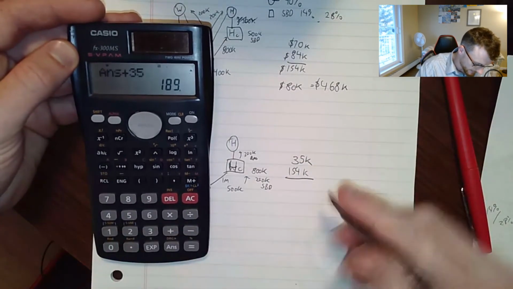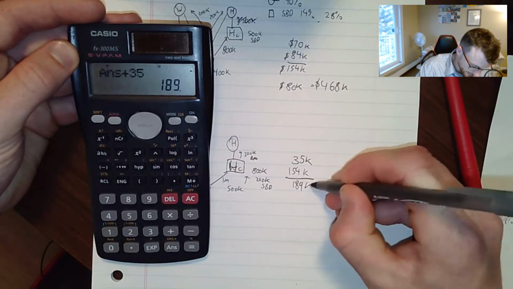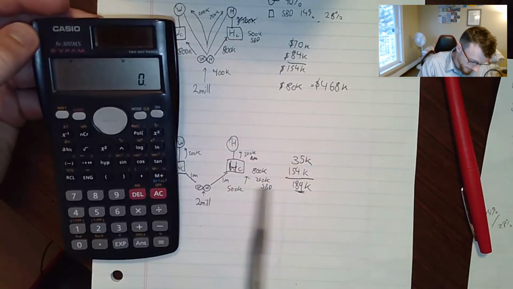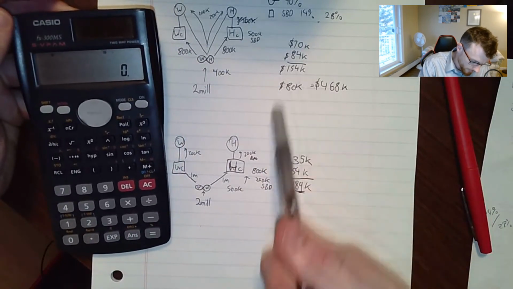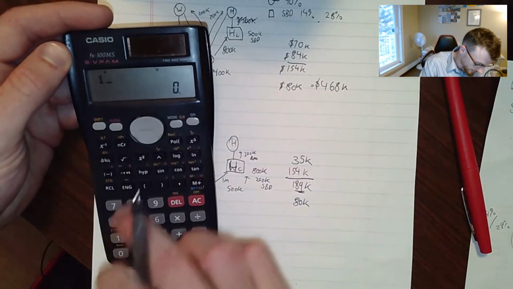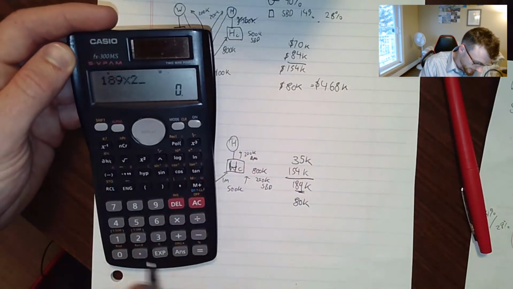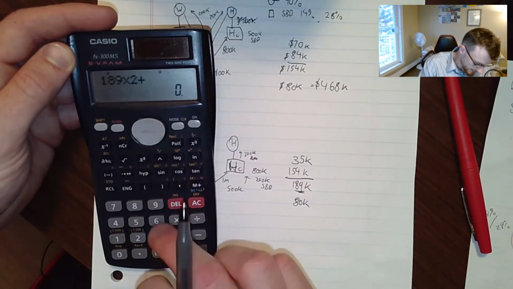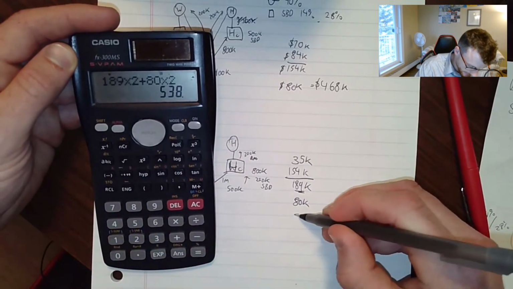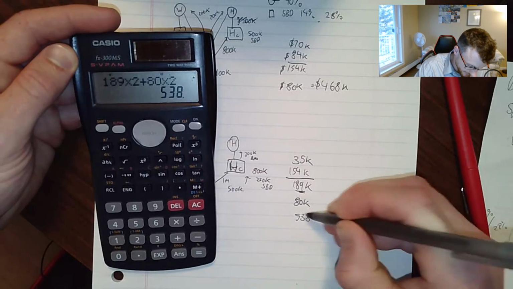Yikes. $189,000 tax total to pay per corporation. The corporate tax is going to be exactly the same of $80K. So $189,000 times 2 corporations plus $80,000 times 2 people give us $538,000.